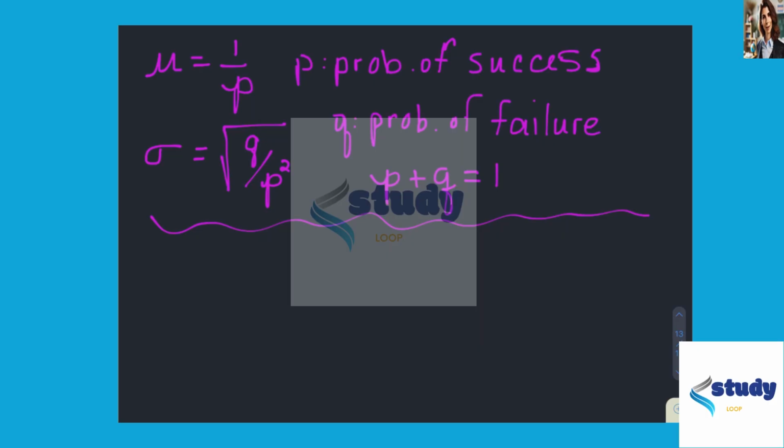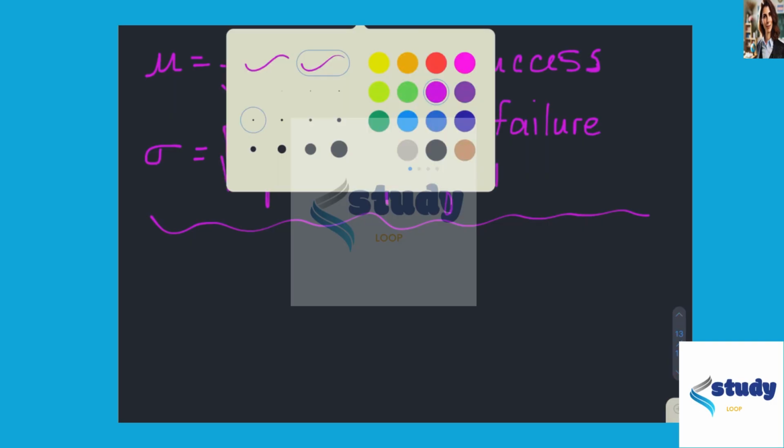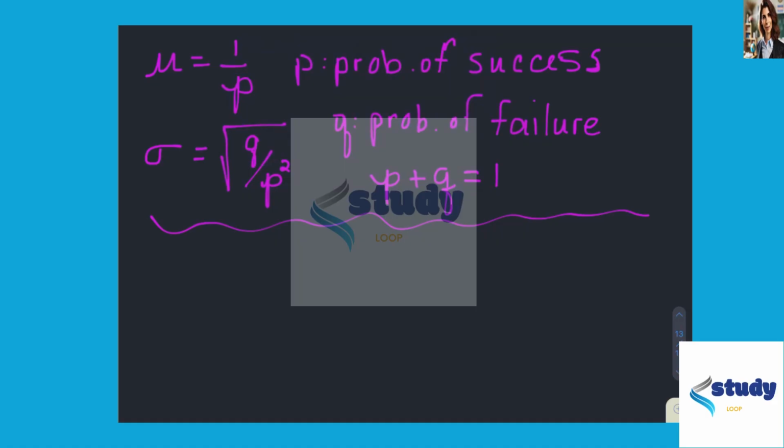So if we're going to find the mean of those who prefer showers, then our probability of success is going to be 4 out of 5. So in this problem, the p-value is 4 out of 5. So that means our q value is going to be 1 out of 5, because that would be the one person that would not prefer the showers to the bath.